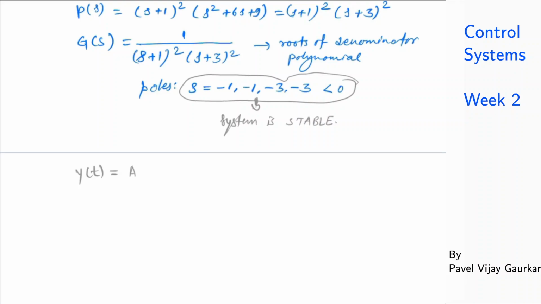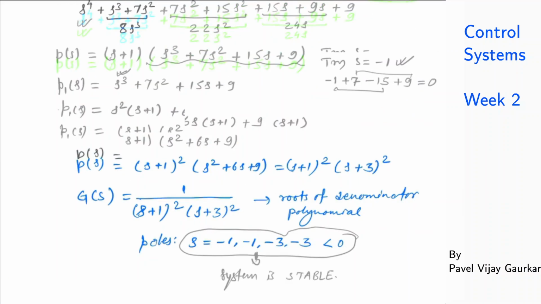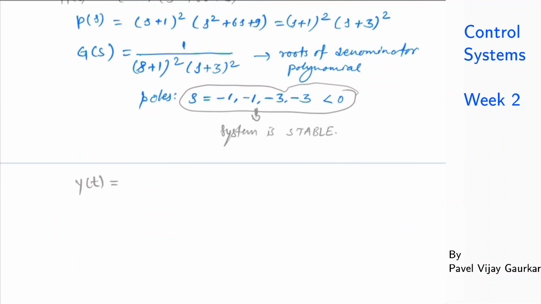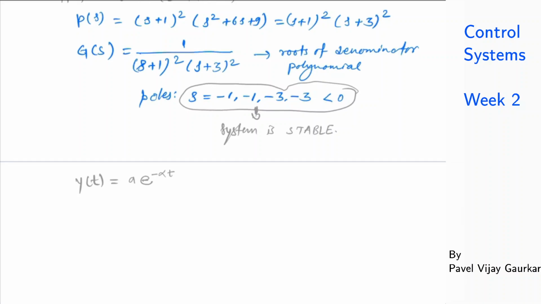All right, let's look at it again. So the solutions for linear ordinary differential equations are of the form A into e power minus alpha t. So if this coefficient of t is a negative quantity, which are indeed our poles, minus 1, minus 1, minus 3 and minus 3 here.